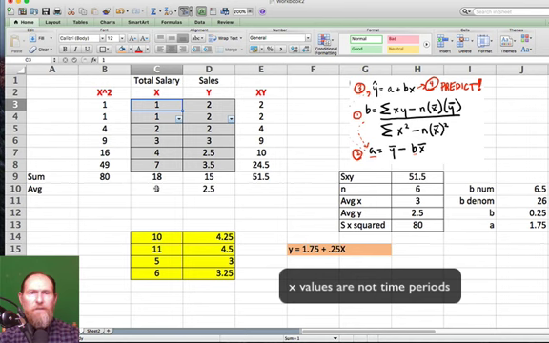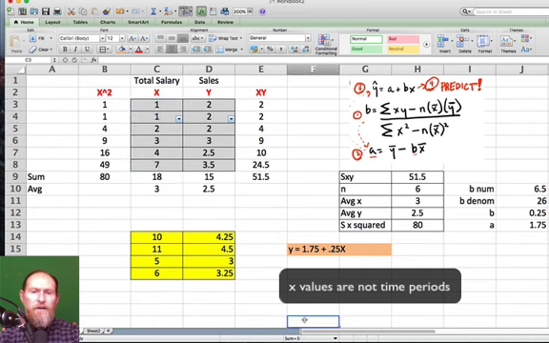Or it could be demand, in this case, sales, as the dependent variable and something else as the independent variable. Occupations would be a little bit more difficult to do, so we'd have to translate that into numerical values. We might not want to do that. It might not be the best example. But the point is that these X values are not time periods.